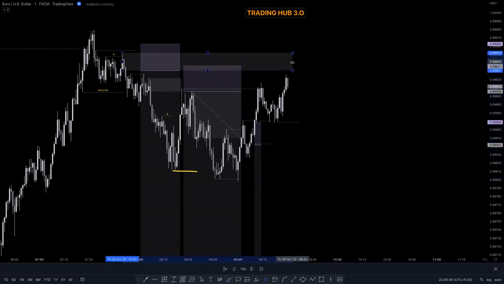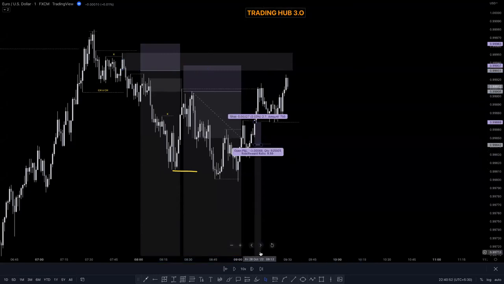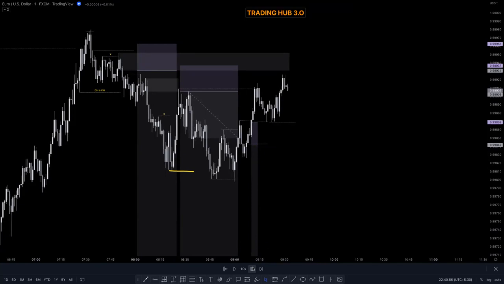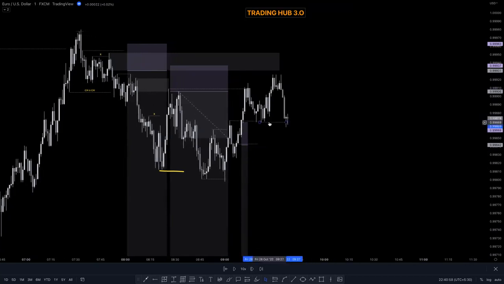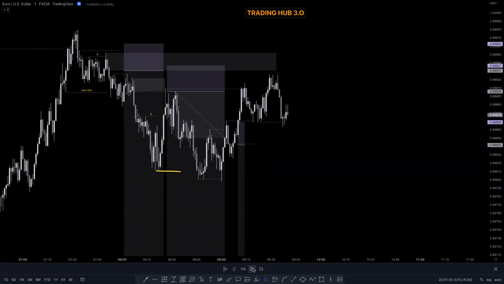Or tap on the extreme, then I will take a single candle also if it taps here. If not, then I will wait for it to break this low. Okay, so finally it broke this low. This is a change of character, and let's wait for more clear price action.